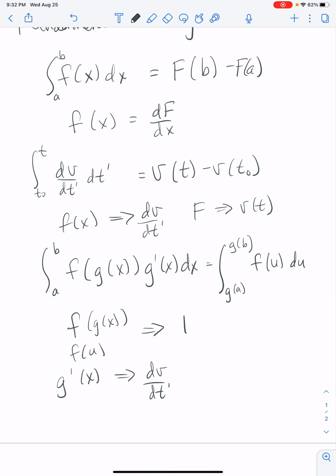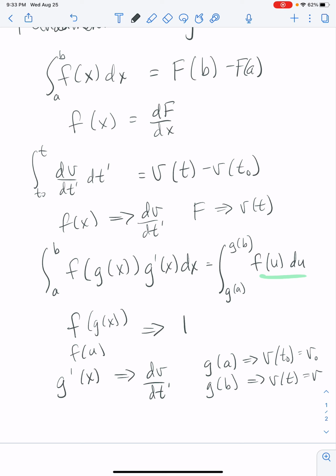And so then our g of a was v of t naught, which we called v naught, and our g of b was v of t, which we just called v, and then our u in this second part here was dv/dx'.